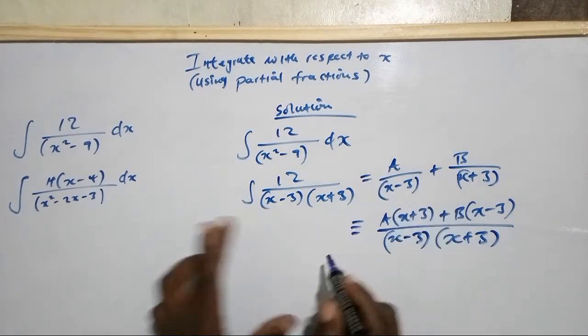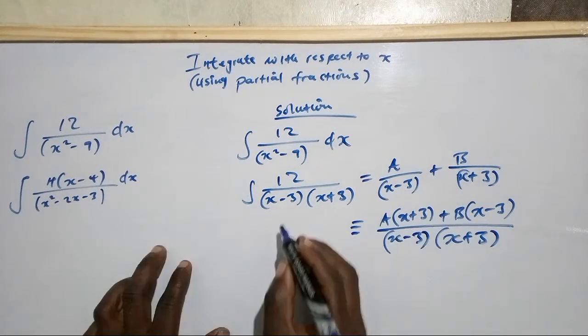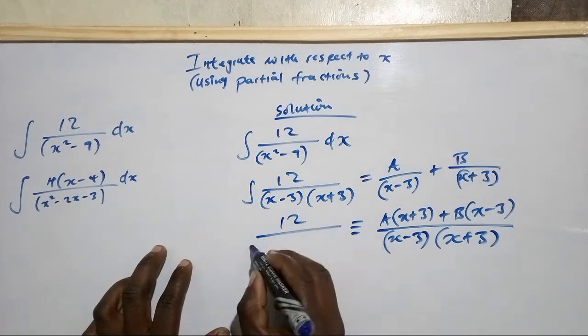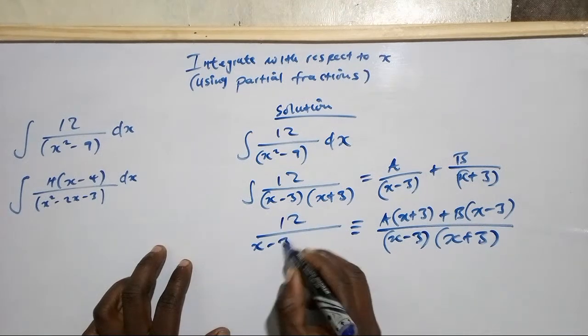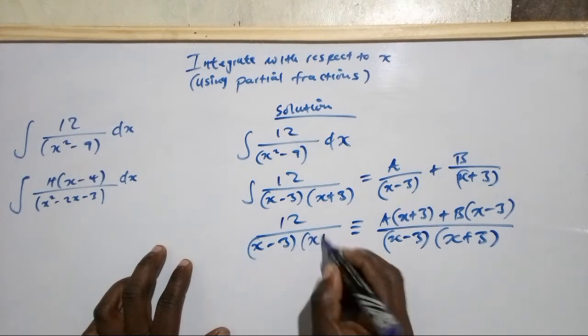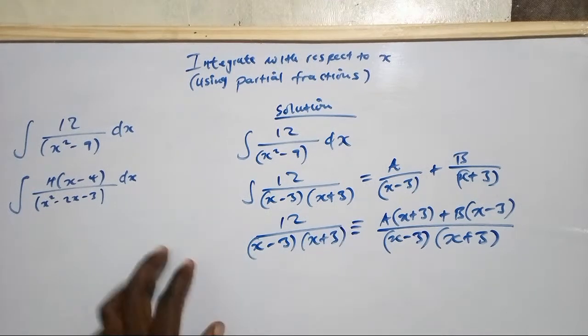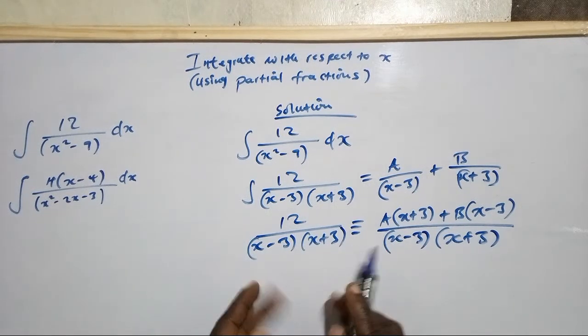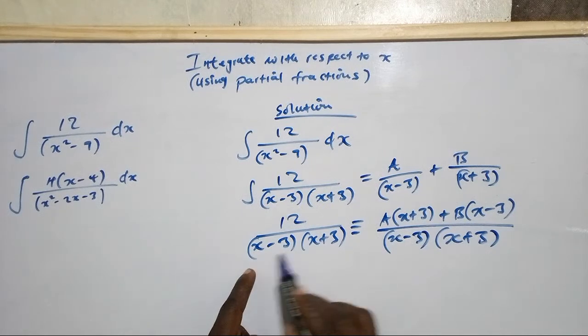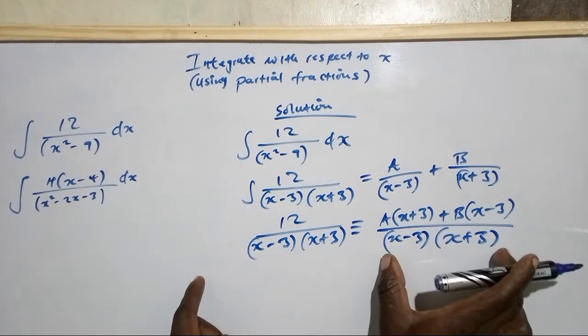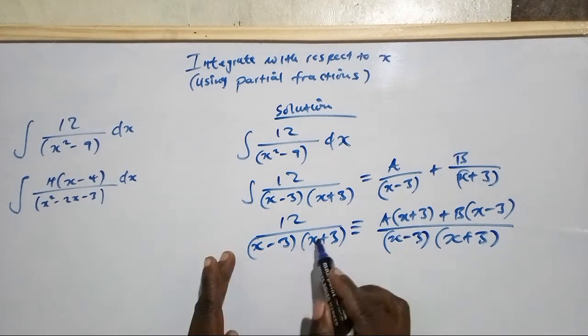Then we're going to use the identity sign here, which is 12 over x minus 3, x plus 3, right? If you can see, we have an identity here. This term here is equal to this term, so that means the denominators cancel each other.